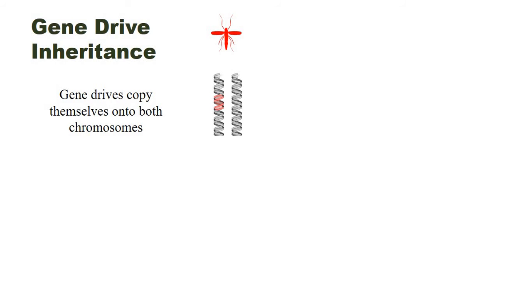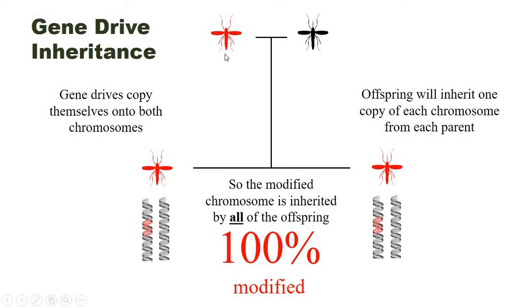They will mate, and the drive will make a copy in the other individual as well. So here is the individual that has this homing endonuclease gene drive in it. It mates with this wild type that doesn't have the homing endonuclease.